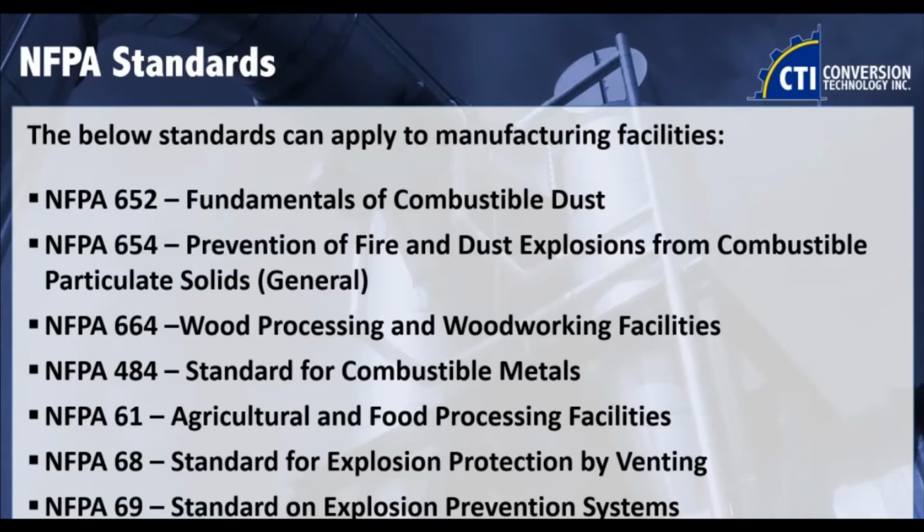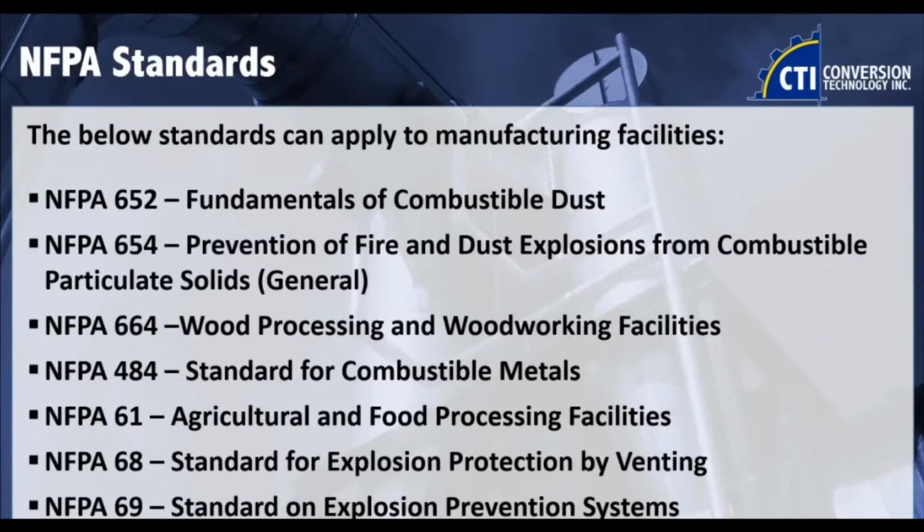So the 68 and 69, you'll understand a little bit more when I show you some examples of those. But if you're looking at this slide and you're like, well, how am I going to, first off, buy all these standards, read all these standards, and understand them enough to know where to go? Well, there's a nice little path that I can explain. You want to start with NFPA 652, as that is the overarching standard. Then go to the commodity standard specific for your equipment or industry sector.